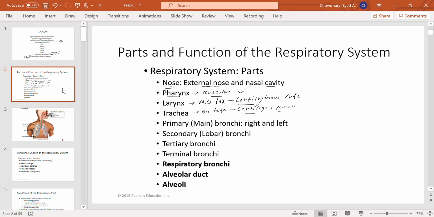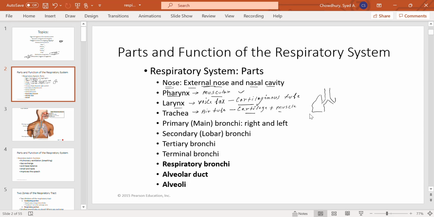Okay, the lower end of the trachea, if you see, this is the trachea. The lower end divides into two divisions or branches for your two lungs. One goes to the right lung and another goes to the left lung.